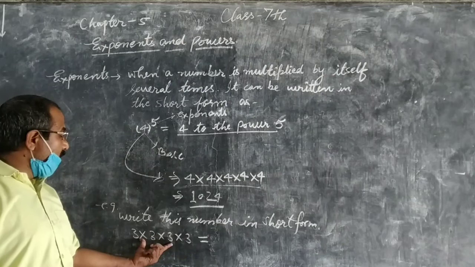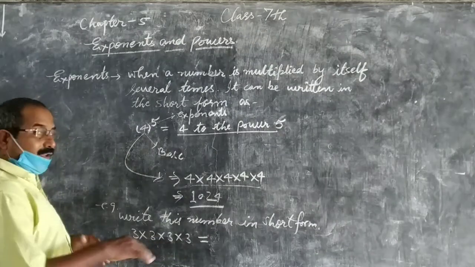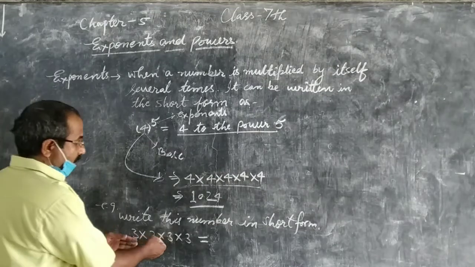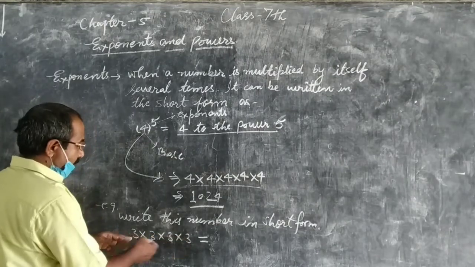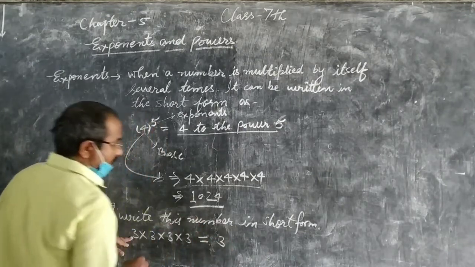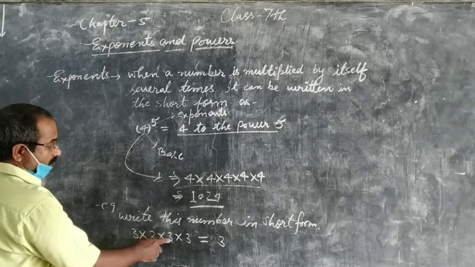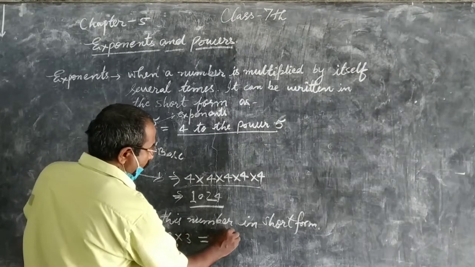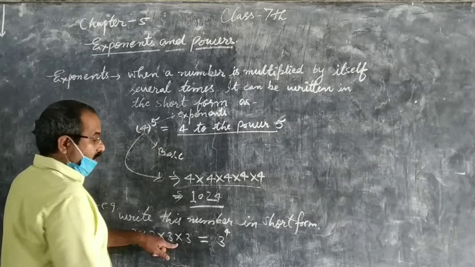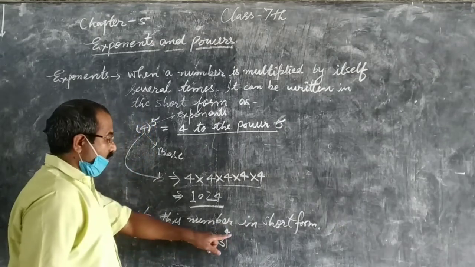And if you have to write this number in short form, in exponent form, then 3 is the base. And how many times have you written? 1, 2, 3, 4. 4 times. So you will write the power 4: 3 to the power 4.